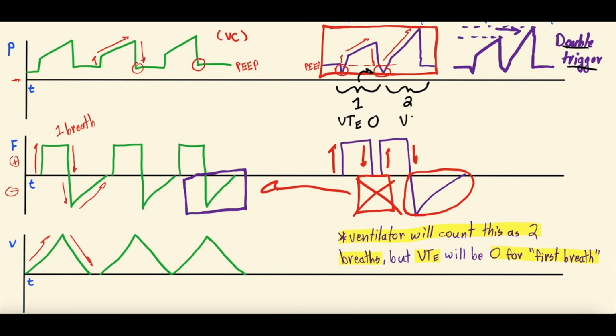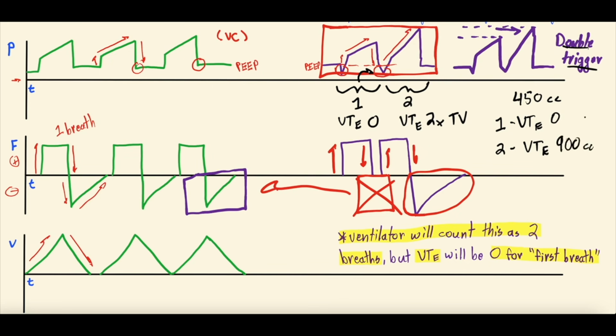And then on the second breath, the expiratory volume will be 2 times the normal tidal volume, because they took 2 breaths in. So let's say you're in volume control and it's set to 450. 450 cc's a tidal volume. What you'll see is the first breath, the expiratory volume will be 0. And then the second breath, the expiratory volume will be 900 cc's.